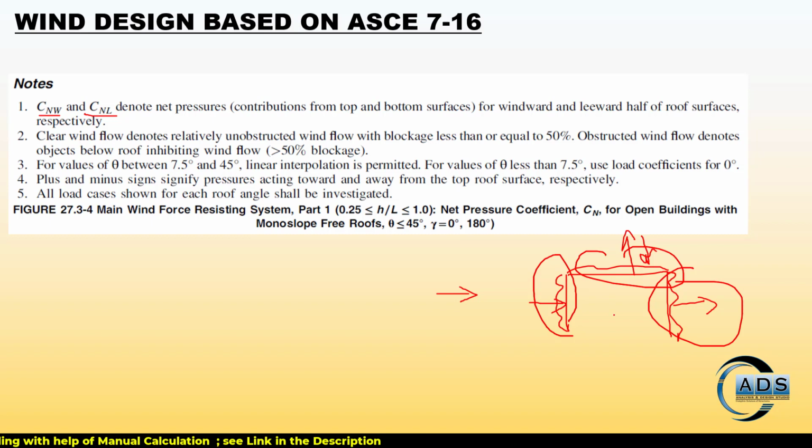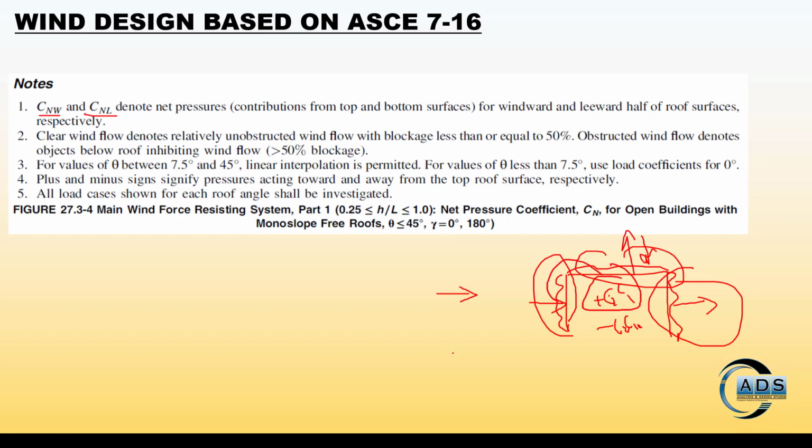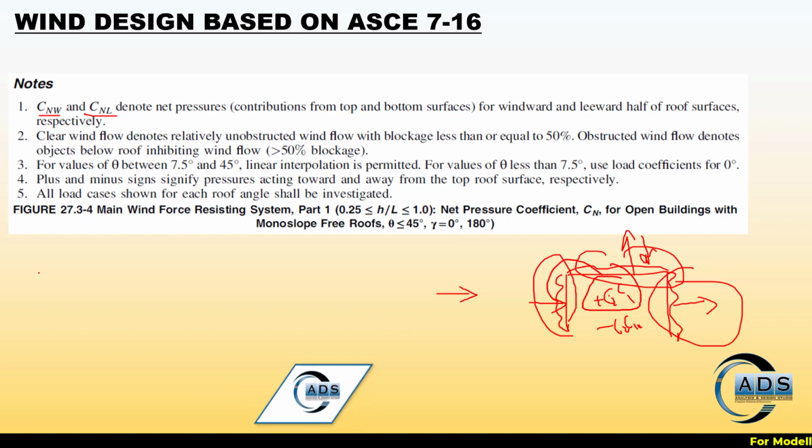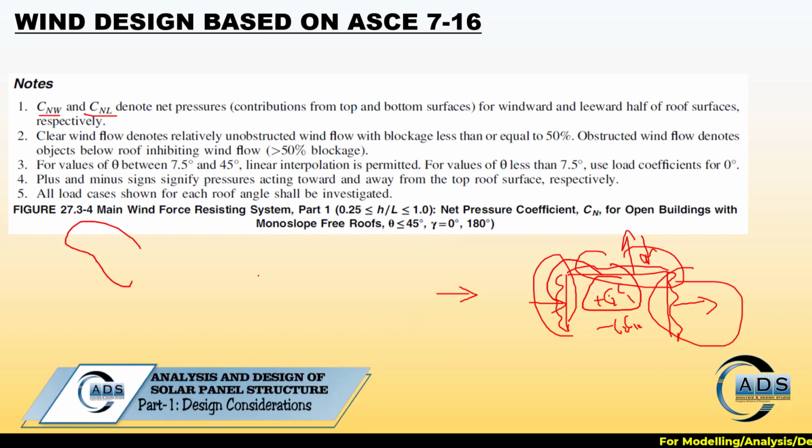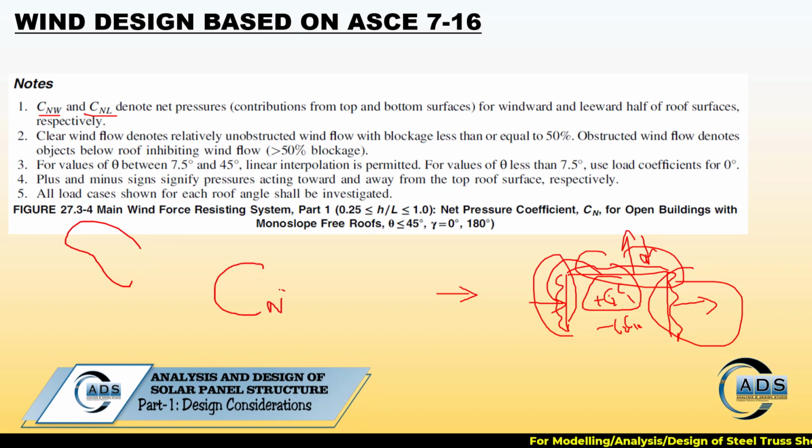There were internal pressures as well, positive GCPI and negative GCPI. Then we had to combine external and internal by the algebraic sum equation. But here it is written CN, and CN means net.